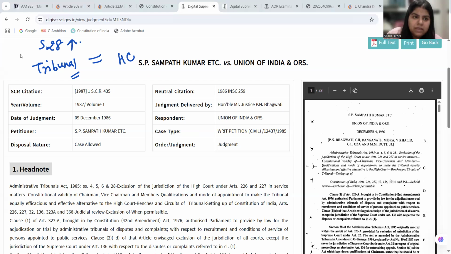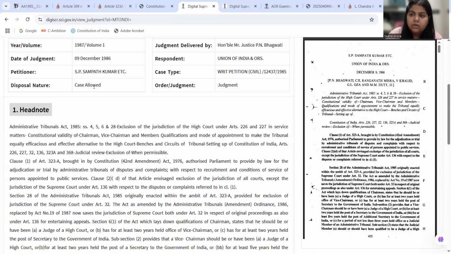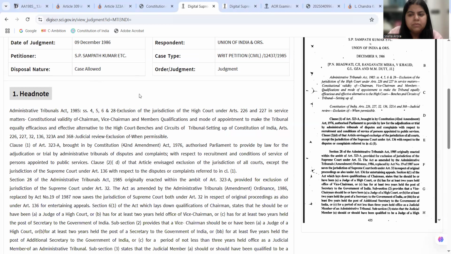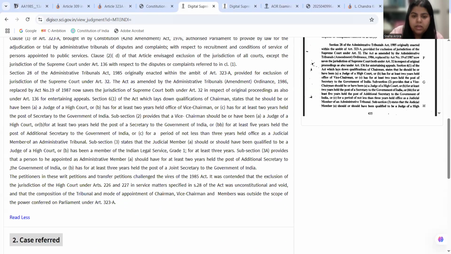So in this case, it was held that Article 226 jurisdiction will not be applicable here, because 323A 2D is also providing it, and Parliament has legislated in Section 28 of the Administrative Tribunals Act, and therefore the supervisory jurisdiction of the High Court cannot be invoked here, on the basic ground that tribunals are not subordinate to the High Court, but rather they are a substitute to the High Courts.